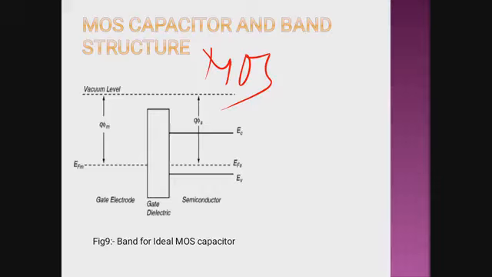Why? Because the external potential V is equal to 0. That is why this is called the ideal MOS capacitor band structure. V is equal to 0 and phi m is equal to phi s, and that is why the Fermi levels of metal and semiconductor both lie on the same line.